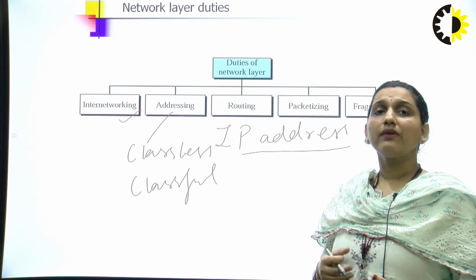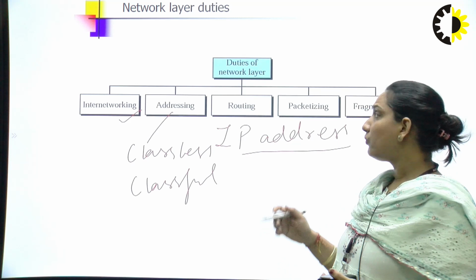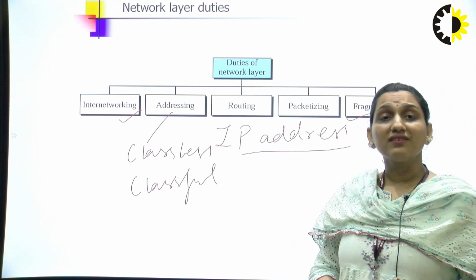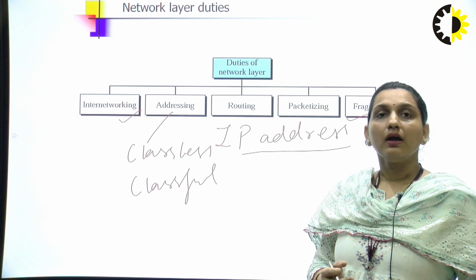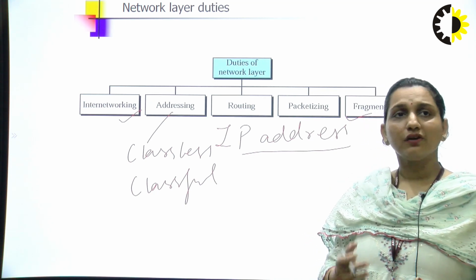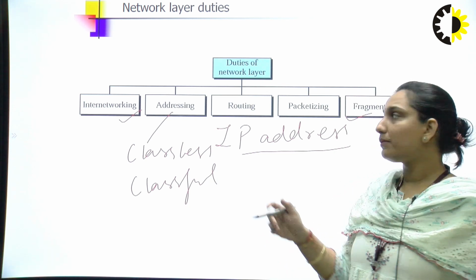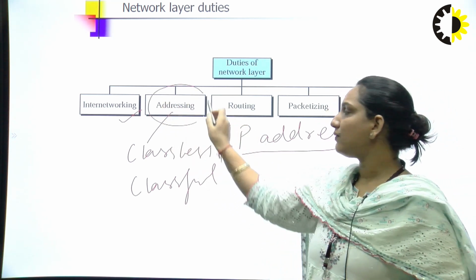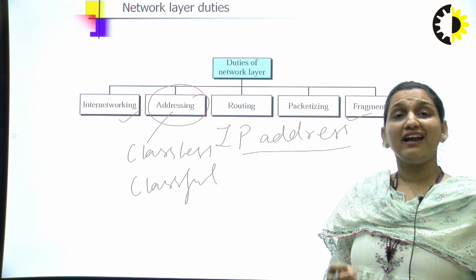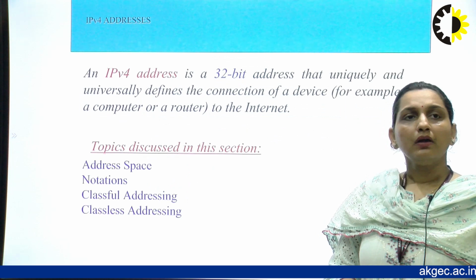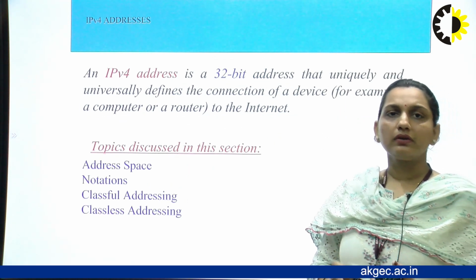How can we form the packet? How do we do fragmentation using a sequence number? How can we control congestion? All these duties have to be handled by the network layer, but in this lecture we will focus on the addressing used in the network layer.